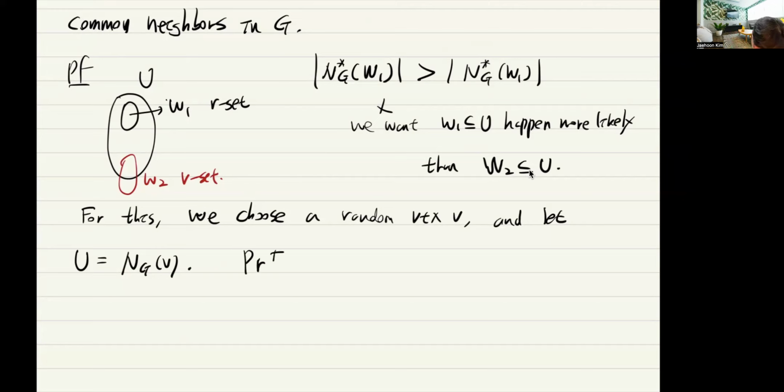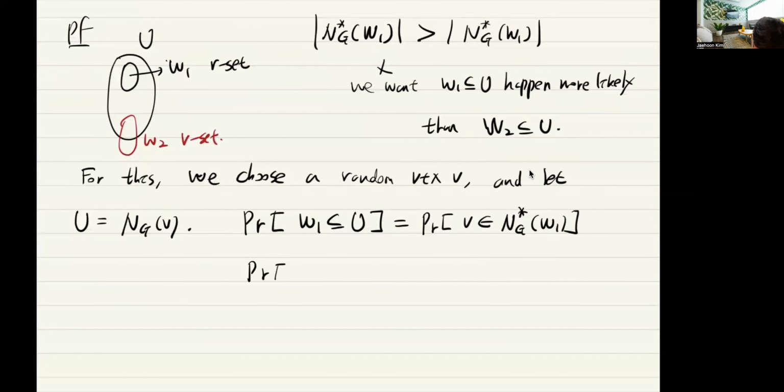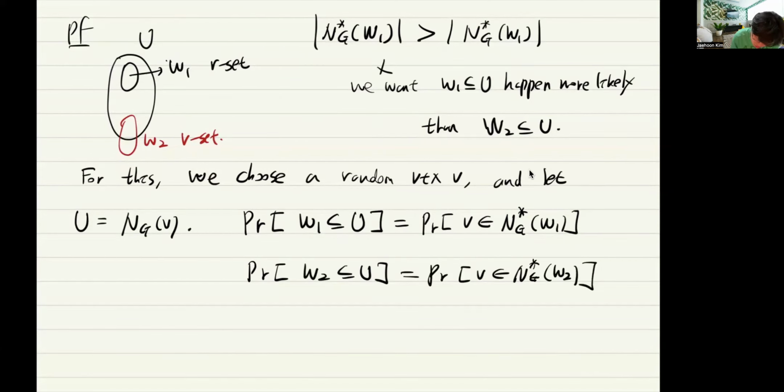The probability that W1 is a subset of U is the same as the probability that b is chosen in the common neighborhood of W1. And the probability that W2 is a subset of U is the probability that b is in the common neighborhood of W2.